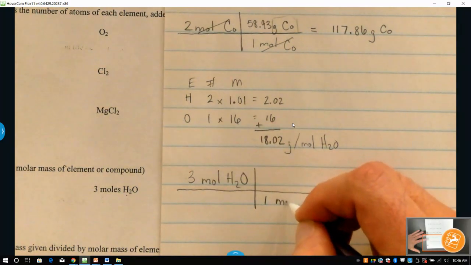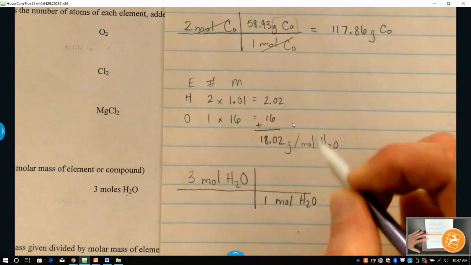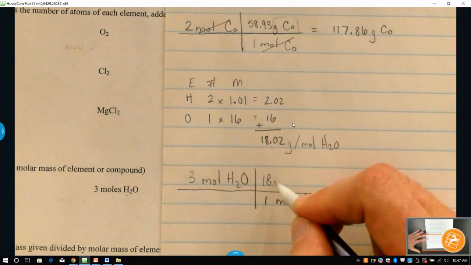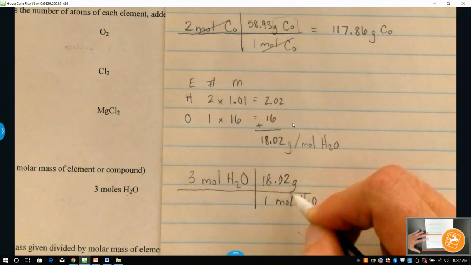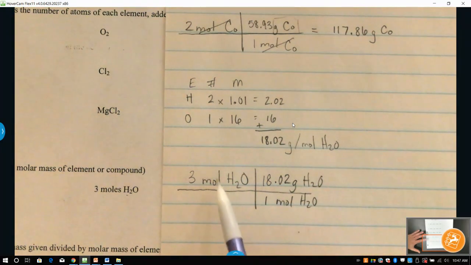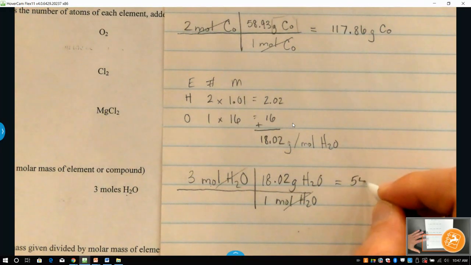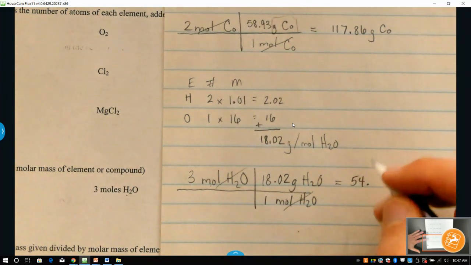In 1 mole of water, H2O, we figured that it has a mass of 18.02 grams. So, moles on top, moles on bottom, cancel, and we multiply across, and we come out with 54 point whatever.